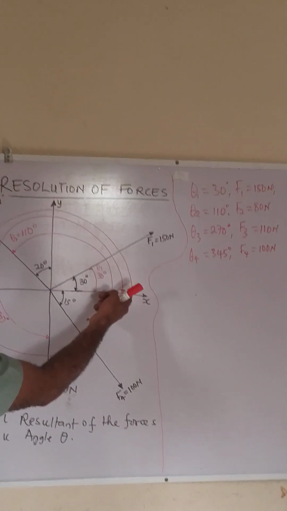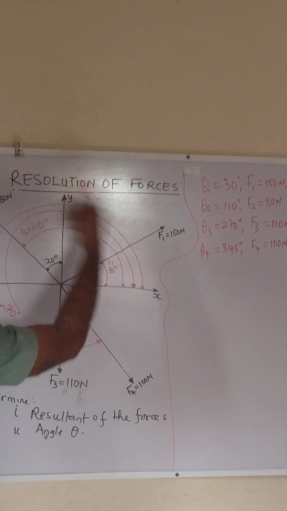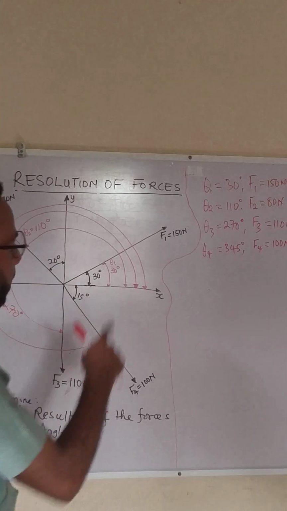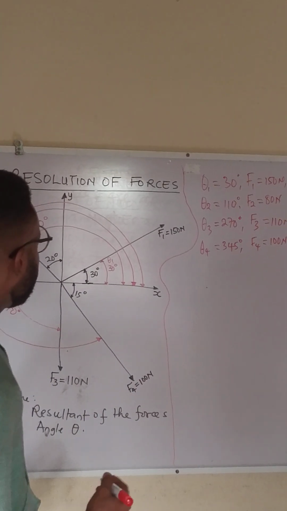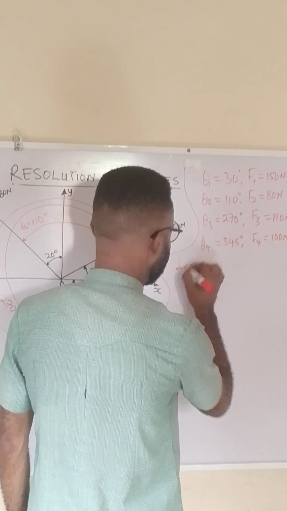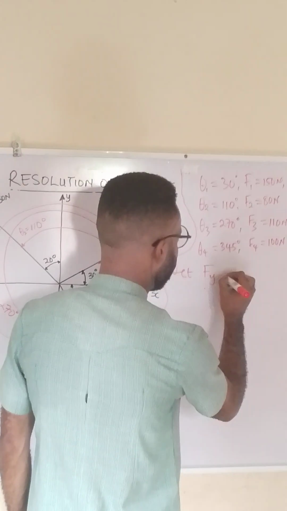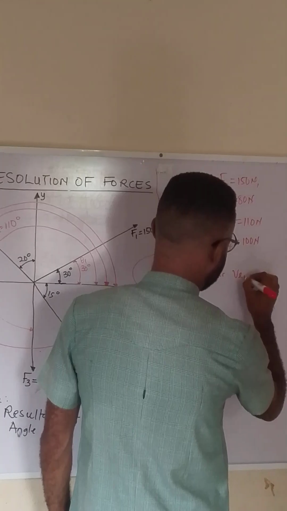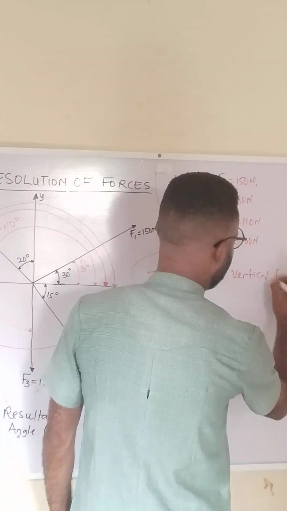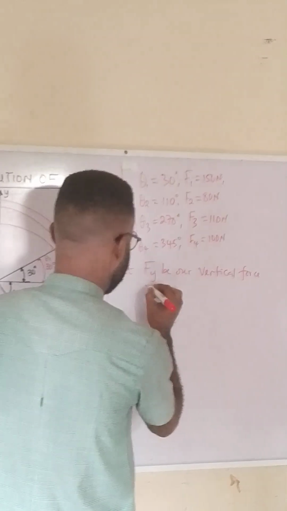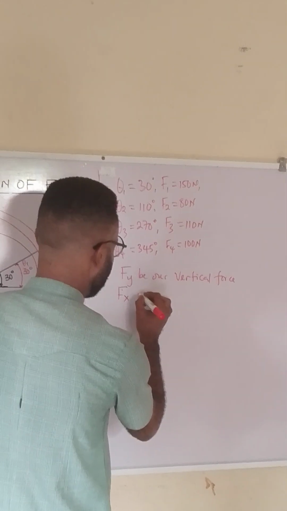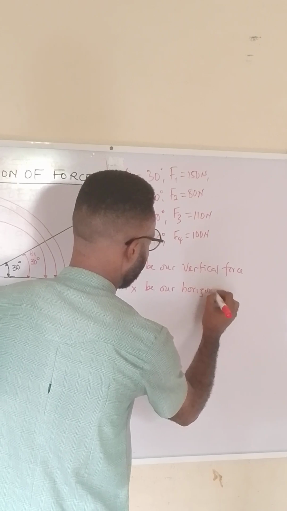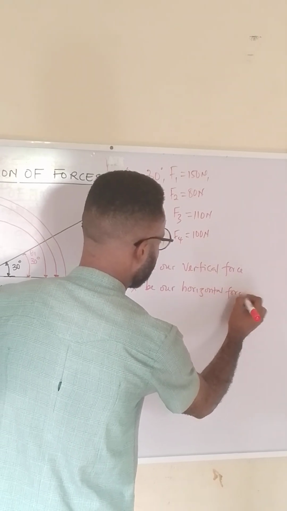You take it from the positive side of x to wherever the force acts, and then you calculate the angle. So having gotten this, we can say that let Fy be a vertical force, and Fx be a horizontal force.